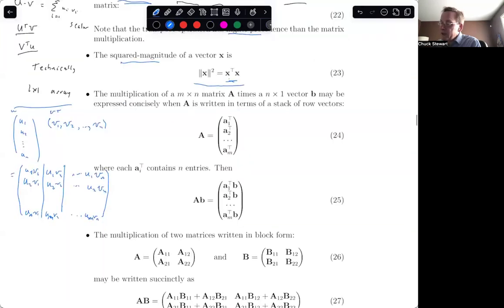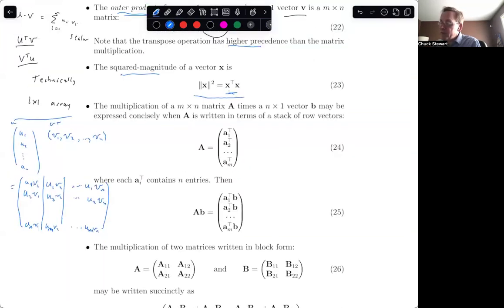A fact that we will make use of fairly frequently is this.